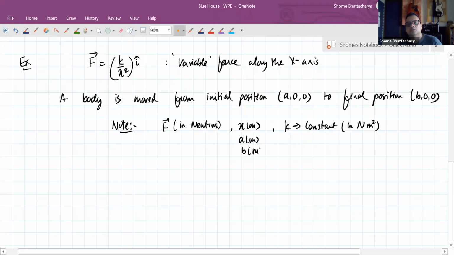A and B are coordinates given in meters. In the above expression, force F is in newtons and x is in meters, so the constant K is in newton meter square.